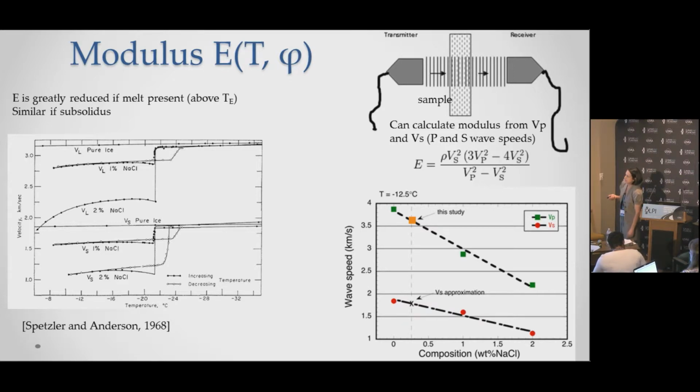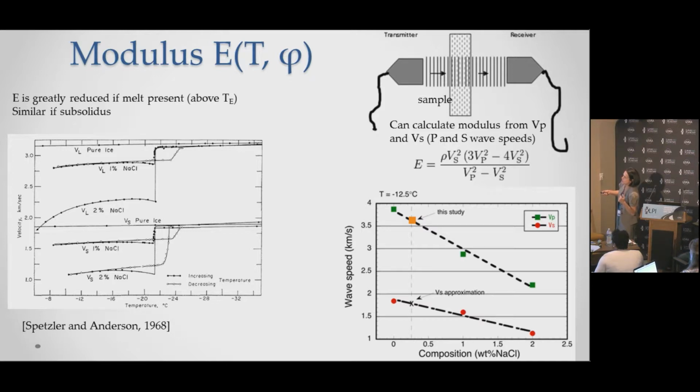two-phase system. This is ice plus small amounts of salt. And I just like this because I think it makes a nice clear example that temperature is increasing in that direction. And over here, below the solidus, sorry, the eutectic melting for salts, of course, around -22, below the solidus, the properties of both the P and S wave velocities are almost identical to pure ice.